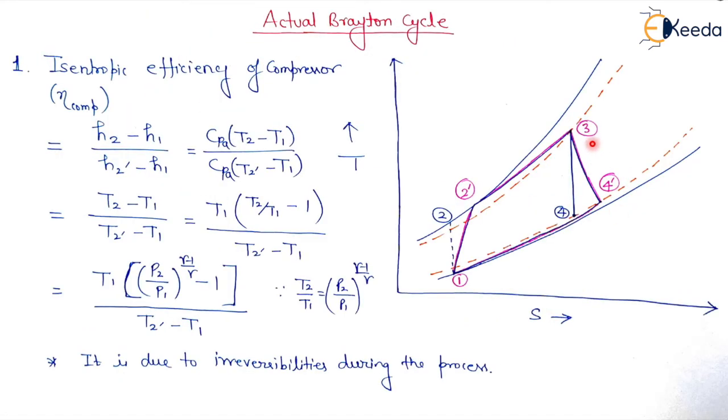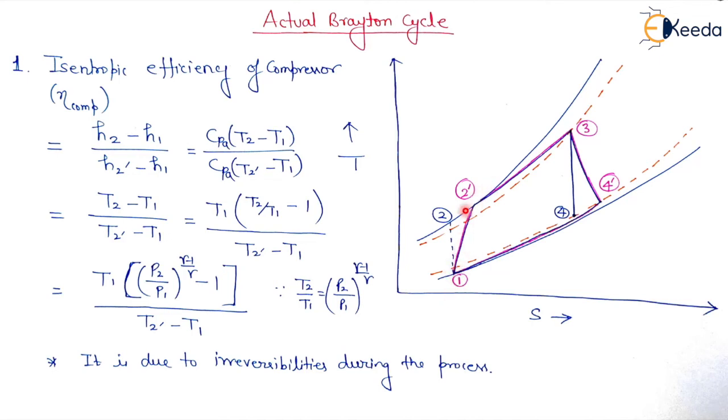Friends, I have told you less by more, but specifically, the definition for the efficiency of a turbine is the ratio of the enthalpy drop of an adiabatic process divided by the enthalpy drop of an isentropic process. You have to remember this. Similarly, for the compressor, it will be the ratio of the enthalpy drop during an isentropic process to the enthalpy drop during an adiabatic process.